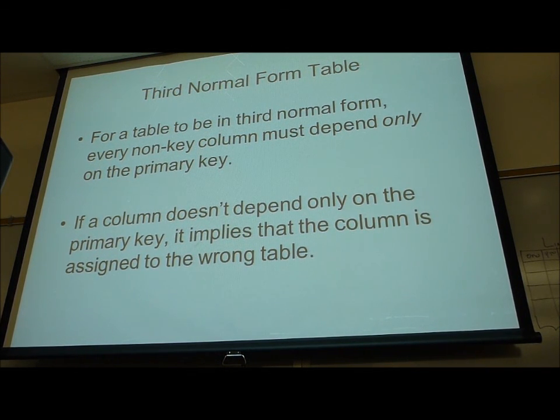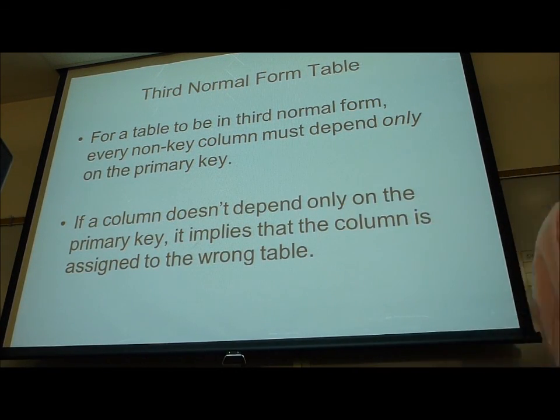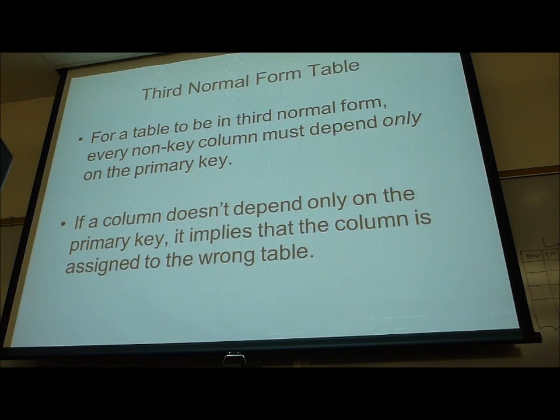It simply says that every non-key column, meaning all of your columns in a table, needs to depend on the primary key. It's just another way of saying that if I store you in a table, everything we keep on you should be about you and not about something else. Plain and simple. Same thing with products.